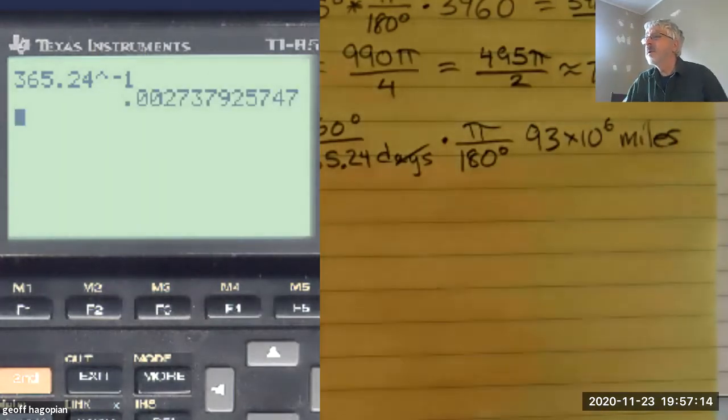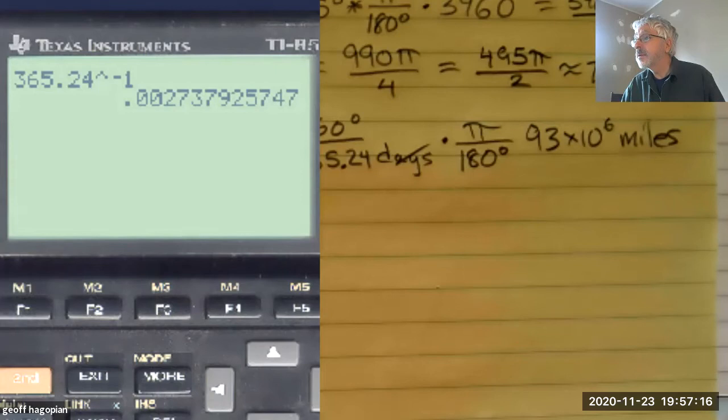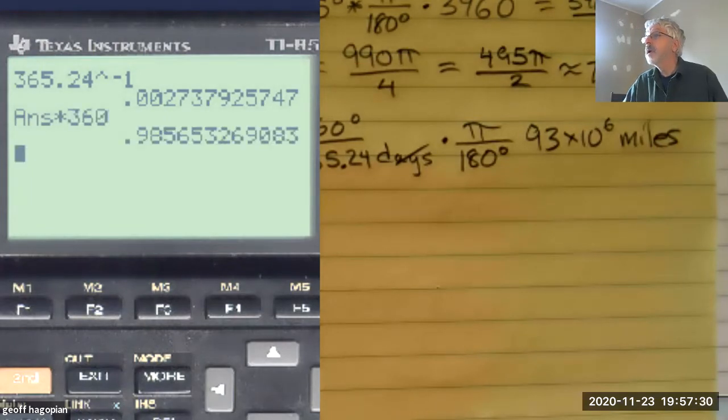So if we multiply that by 360, this is the, 1 day is like 0.27% of a year, right? Is what that's saying. So we're going to multiply that by 360 and get the degree measure that we travel in 1 day, which is almost 1 degree, right? Then we're going to multiply that by pi over 180 to convert that to radians.